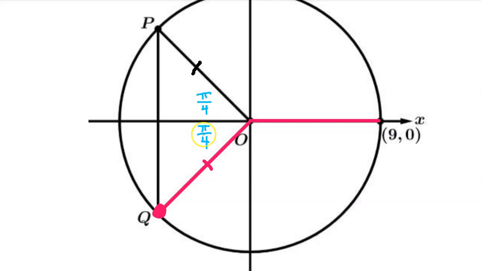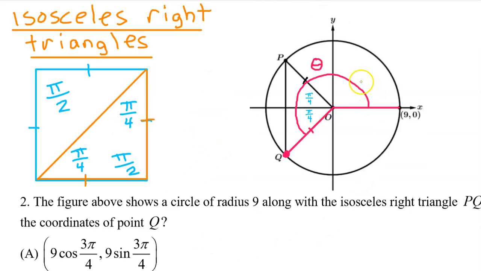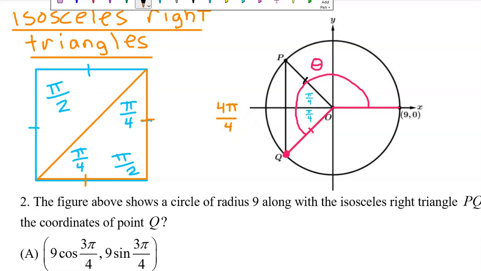So each half of this angle is pi over 4. Now we can easily determine the measure of angle theta. We know that pi is right here, but let's think of it as 4 pi over 4. So the terminal side of theta is one multiple of pi over 4 past 4 pi over 4. So theta must be 5 pi over 4.